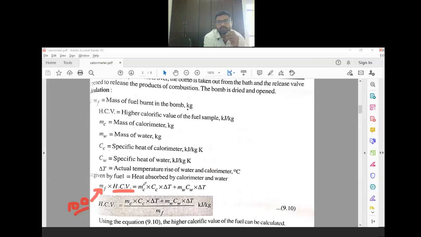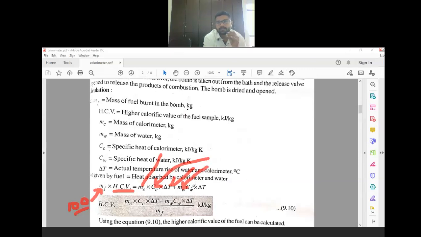Suppose it is 20 kg or 30 kg, whatever the mass of that metallic tank, that mass you have to write here. Then you have to write the specific heat of that metal in kilojoule per kg kelvin, that we all know. And here the temperature difference, initial temperature and final temperature. Here you have to write the mass of water. Suppose you put 10 kg of water, so here you have to write 10 kg.